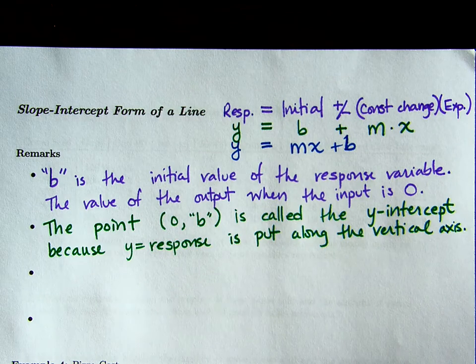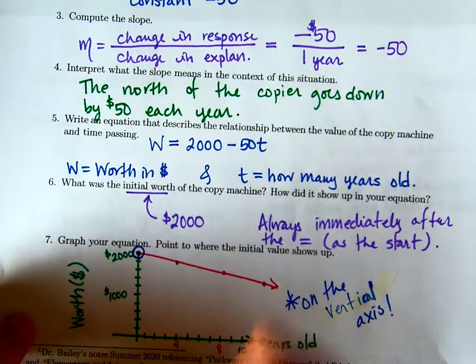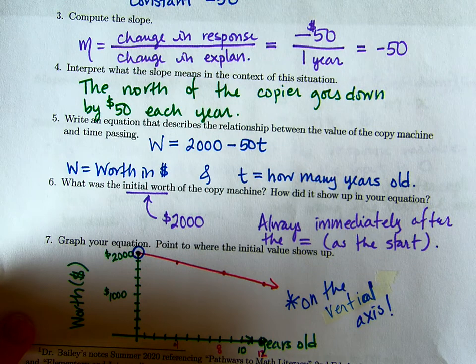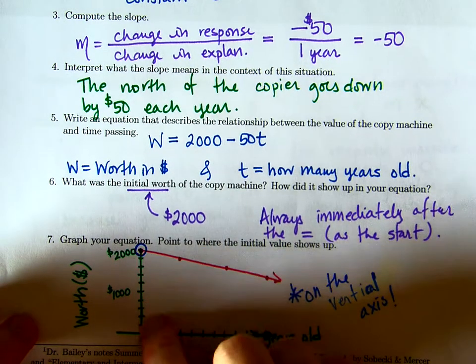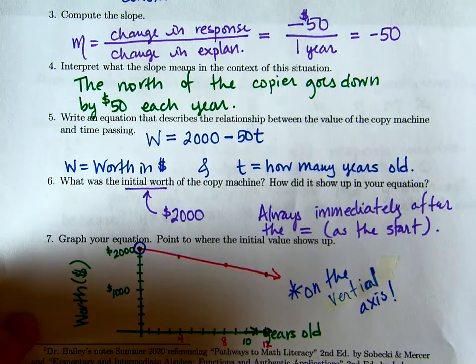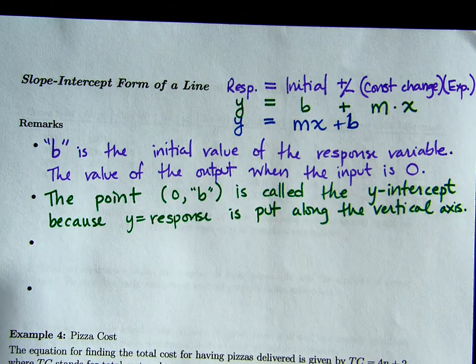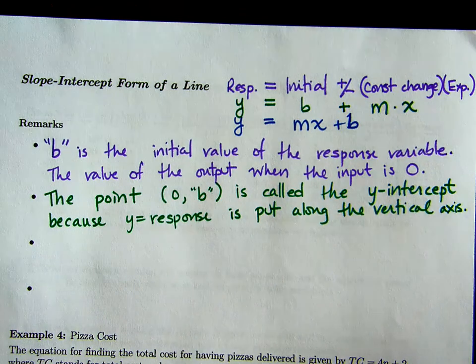Okay, so it's called the y-intercept because right here, the response variable is, there was a gnat, killed it. The response variable is put on the vertical axis, and that is also called the y because the y variable is known as the response variable.